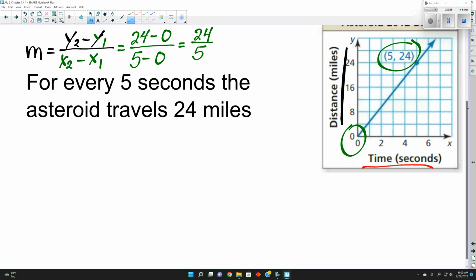If we aren't given the Y-intercept, we can use point-slope form. And point-slope form will always work as long as we have a point and the slope.